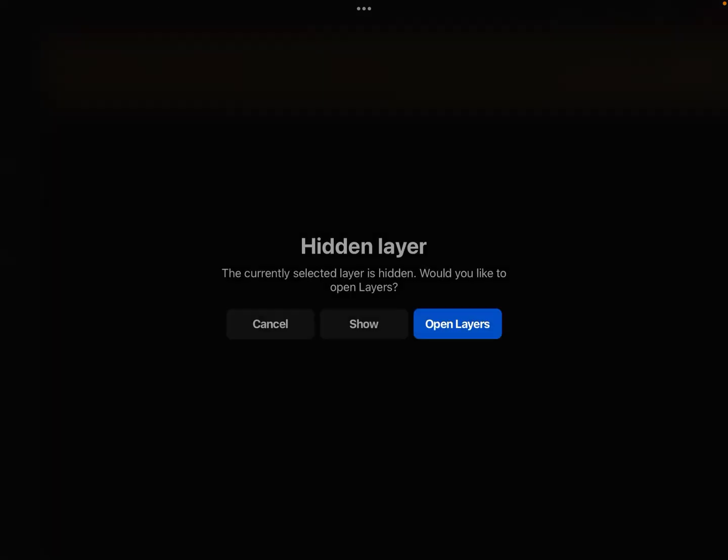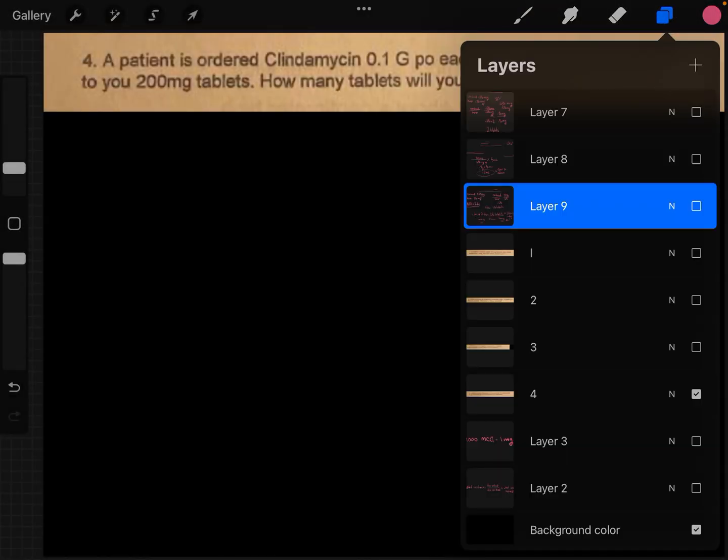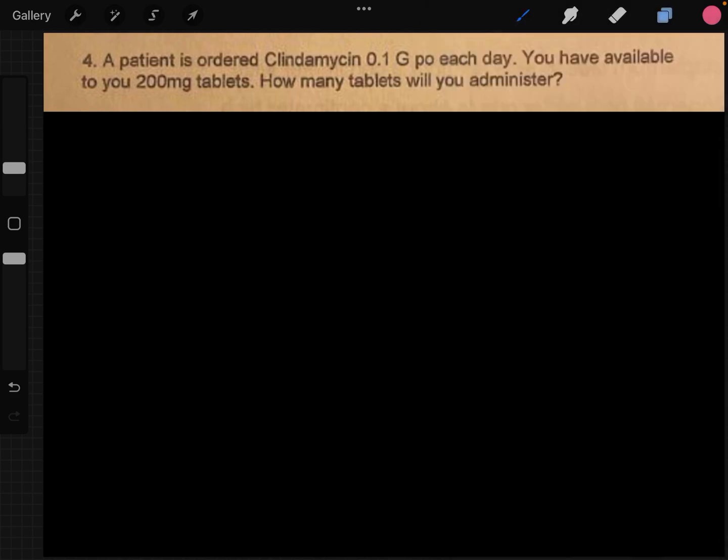So, let me put on a new tab. So what was ordered is 1 gram. Well, 0.1 gram. Okay. What we have is 200 milligrams. So they are not in the same units at all. So the first thing we have to do is switch them so they're in the same units.